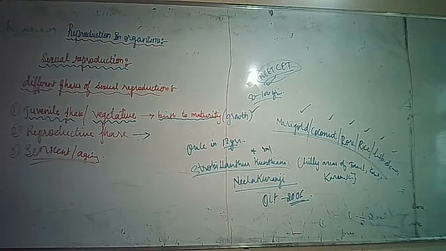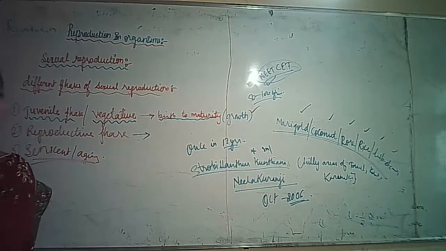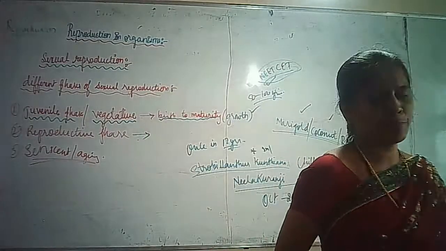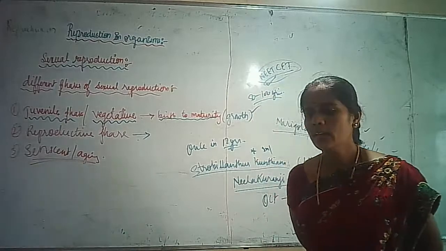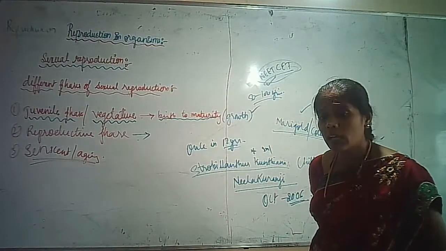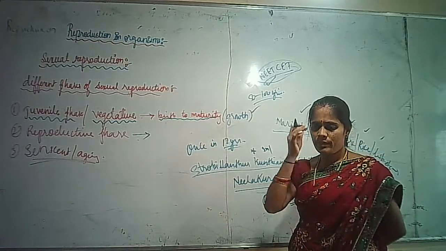My dear students, among the animals, for example birds, some birds like cowbirds lay eggs throughout the year. But there are some birds that lay eggs only once in a year.